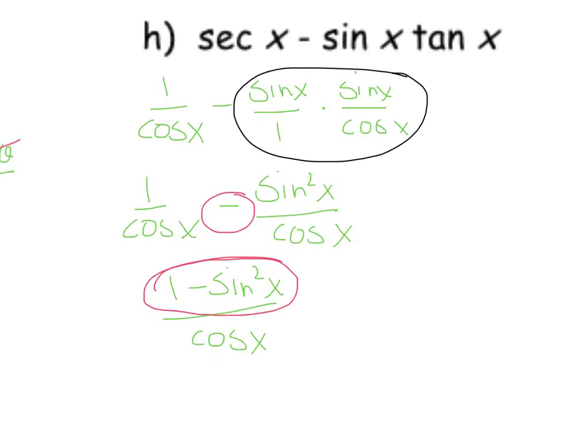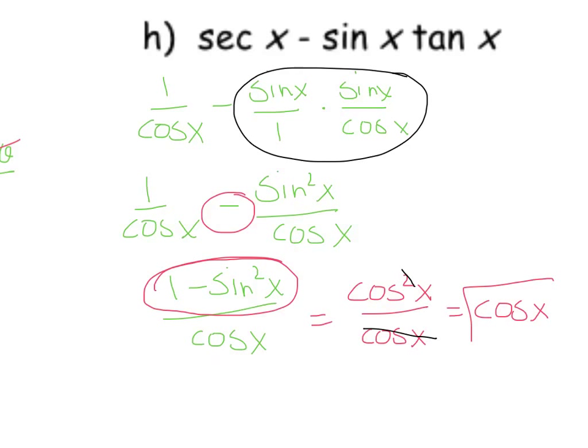Bingo. 1 minus sine squared. That's something special. That's cosine squared over cosine of x. Well, we did this one earlier. One of the cosines on the top are going to cancel with one of the cosines on the bottom. So maybe we'll write it like that. And that's going to leave us with cosine of x. Easy.